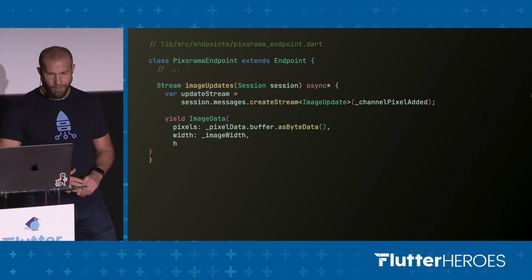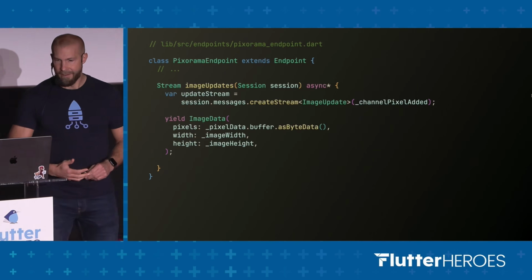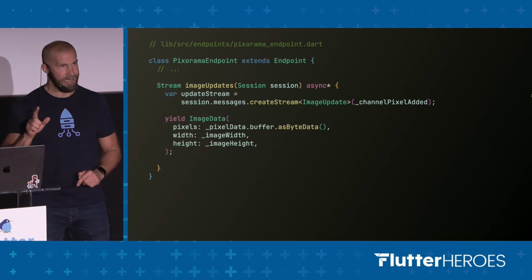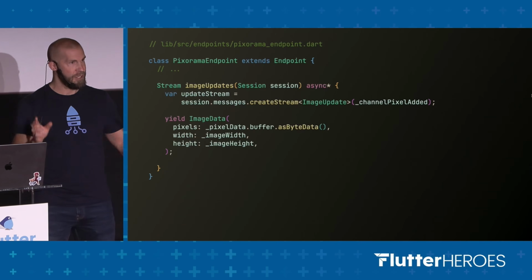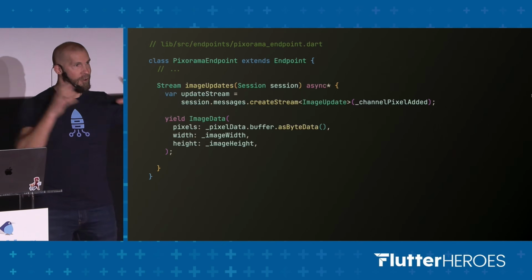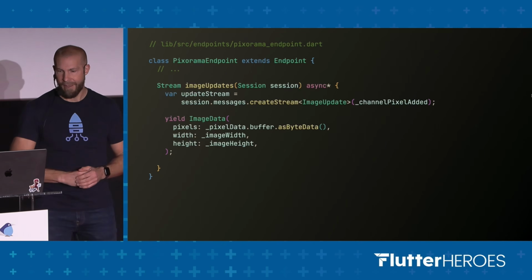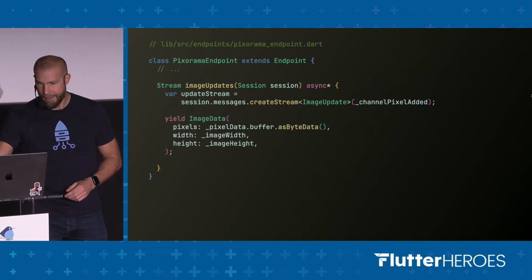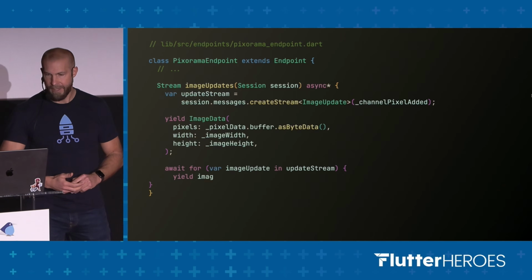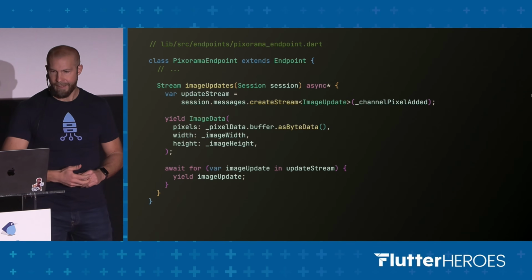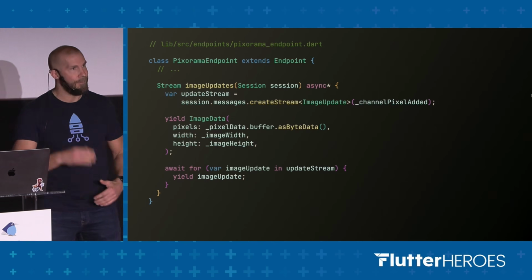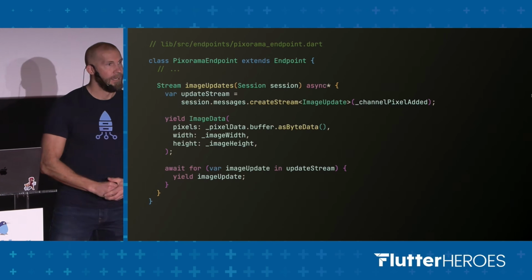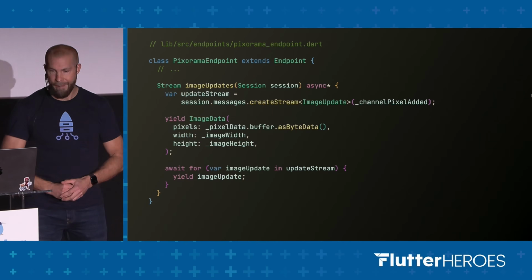And then we're going to yield two values. The first one is the image data, which is basically the current image. We have the pixel data, and then the width and the height. And next, we want to listen to the stream that gets all the updates and pass them on back to our app.